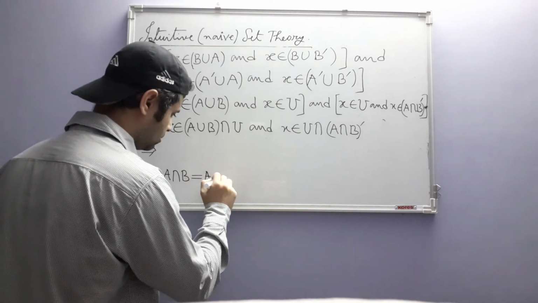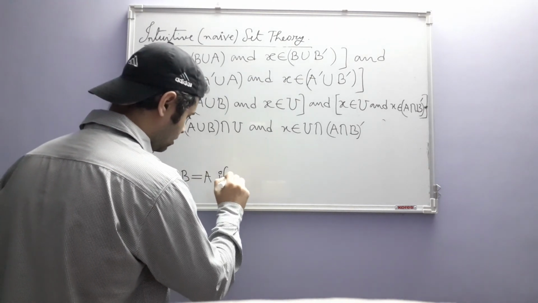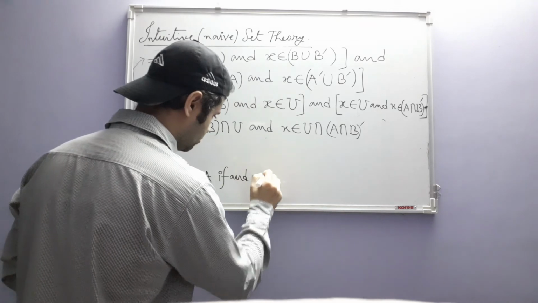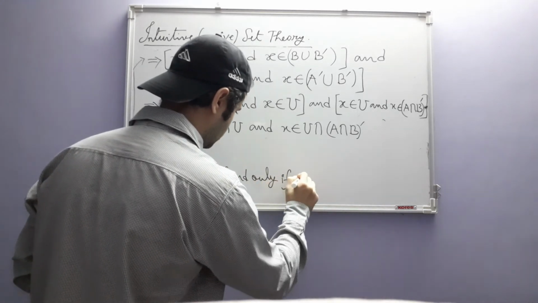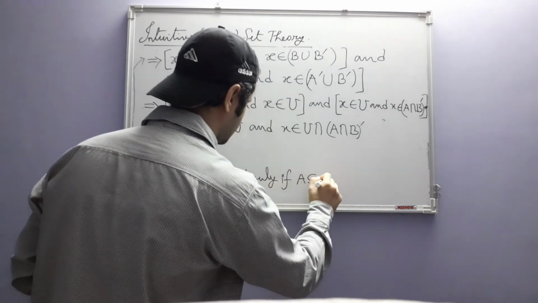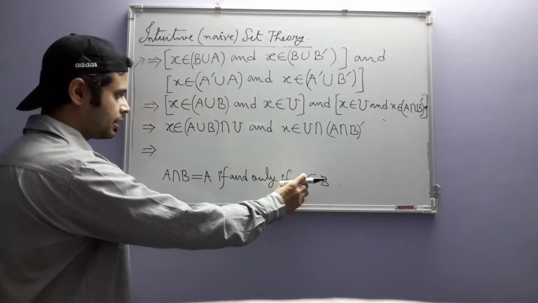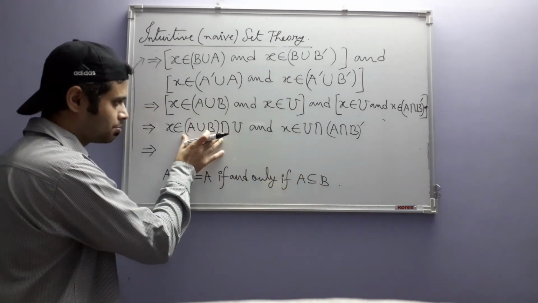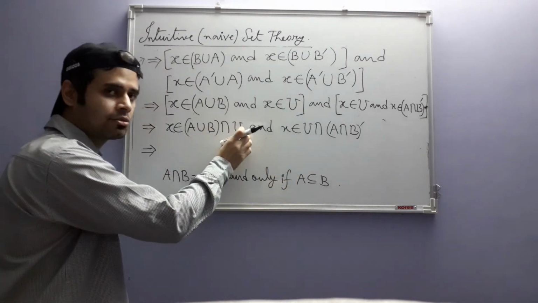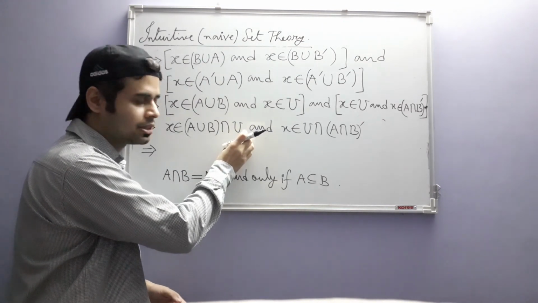A if and only if A is a subset of B. In this case, our A is this much, which is a subset of U. We already know because U is the universal set.